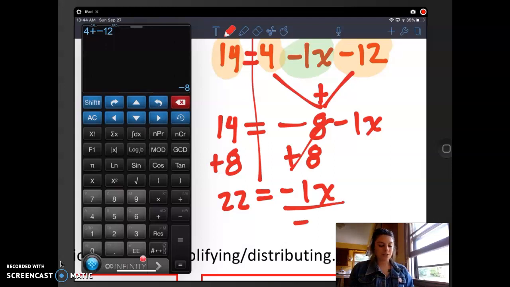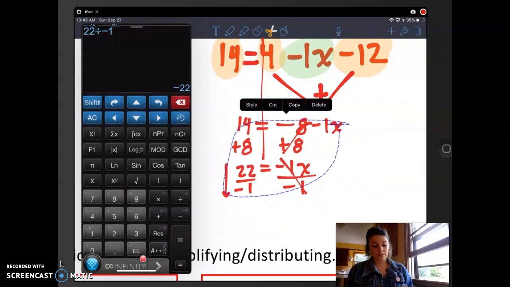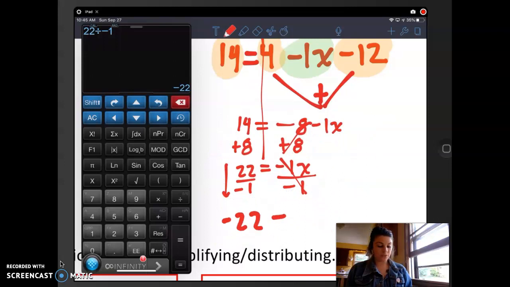And so now we are going to divide by negative 1 so that we know exactly how much each x is worth. Remember to divide top to bottom. So it would be 22 divided by negative 1. That's negative 22. Negative 22 is equal to x. That's how many 1s are balanced with each x.